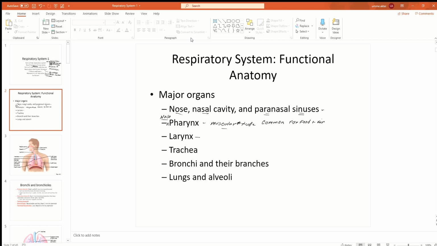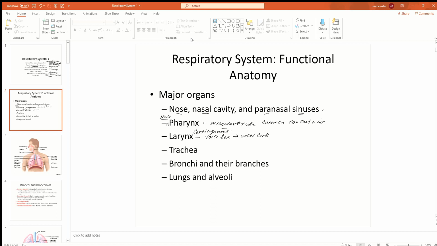Then larynx. Next to the pharynx is the larynx, which is also known as voice box or sound box. Why? Because inside the larynx you have the vocal cords that produce sound. And the larynx is mainly a cartilaginous structure.